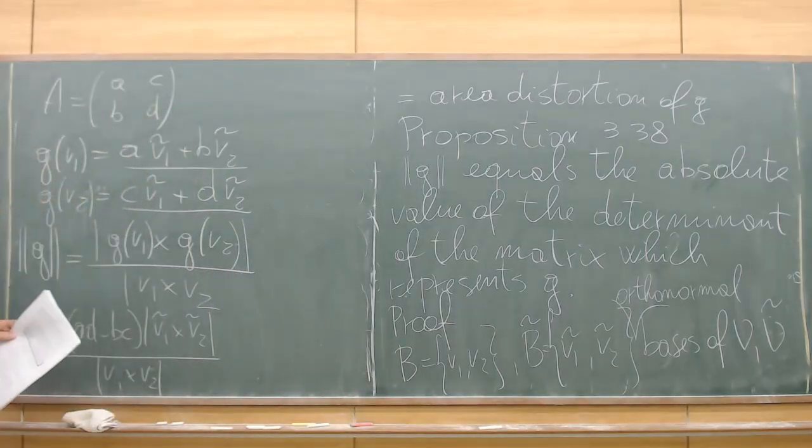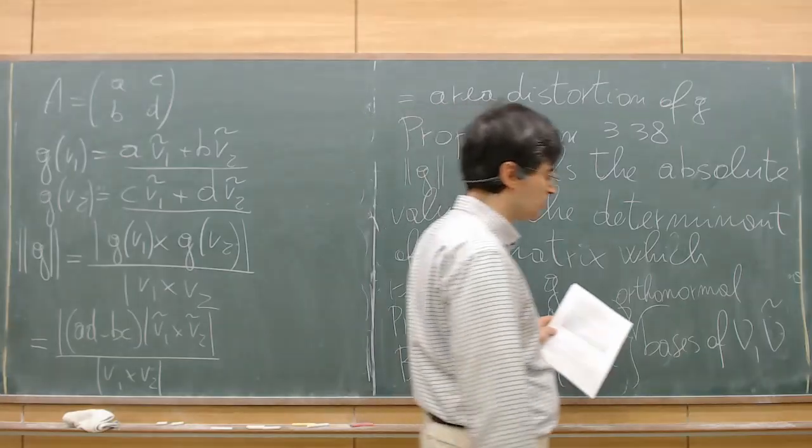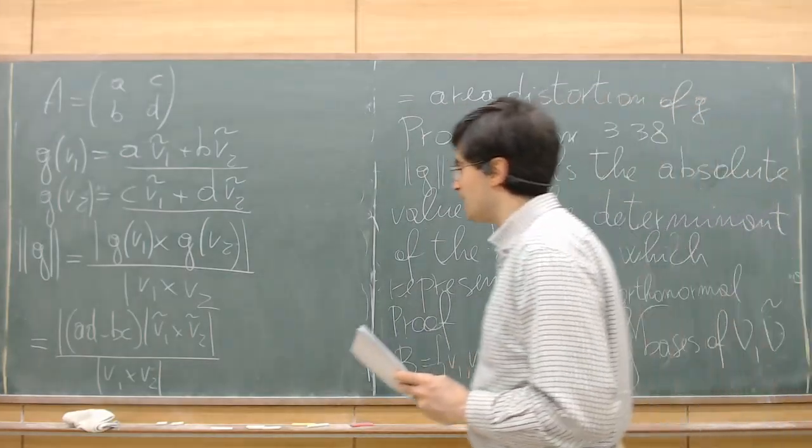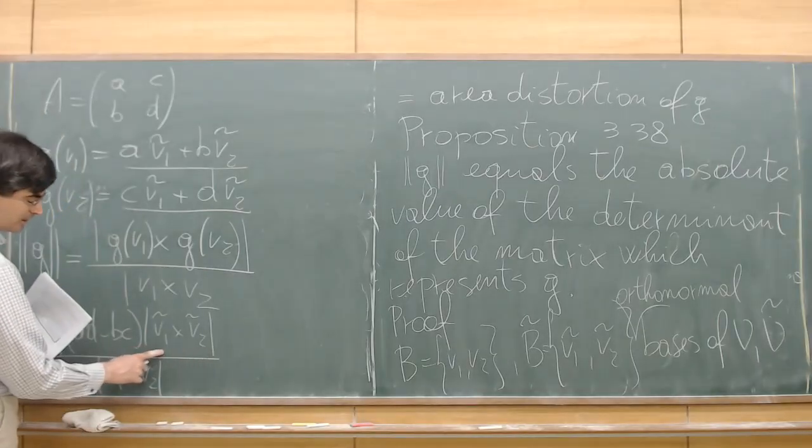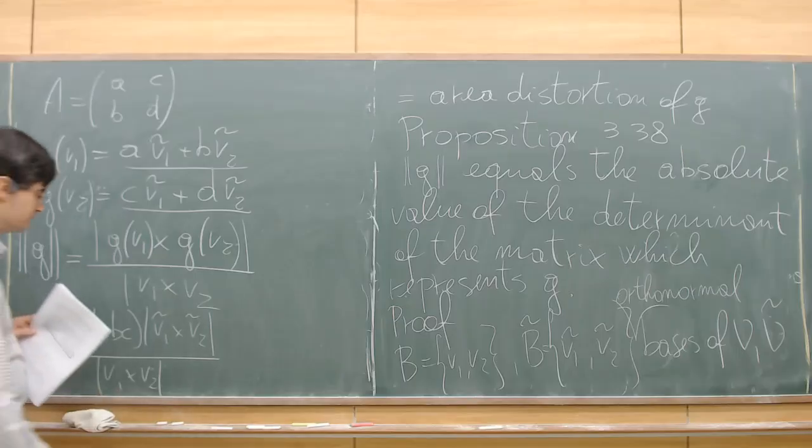Okay, what happens if the bases are orthonormal? It happens that the length of this vector and the length of this vector will be 1.